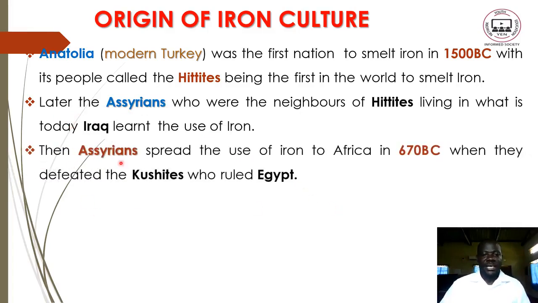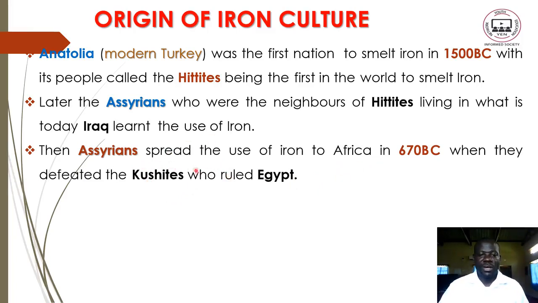Then the Assyrians spread the use of iron to Africa in around 670 BC, when they defeated the Cushites who ruled Egypt. They invaded Egypt, which by then was ruled by the Cushites.